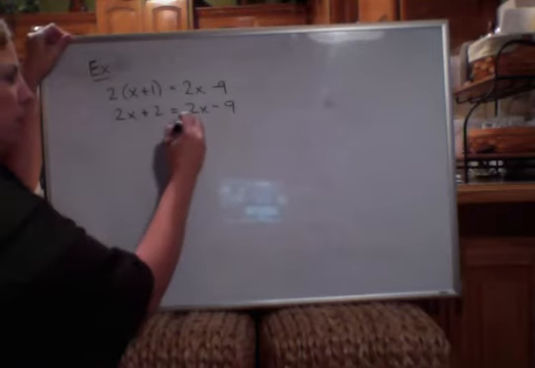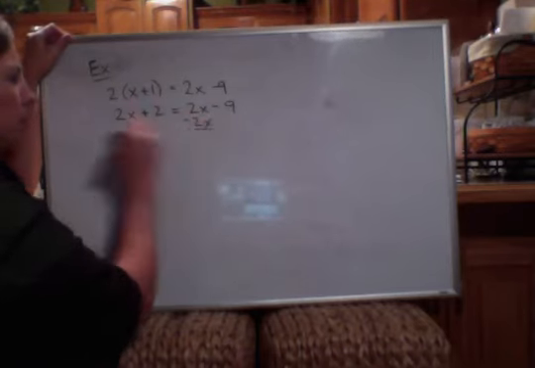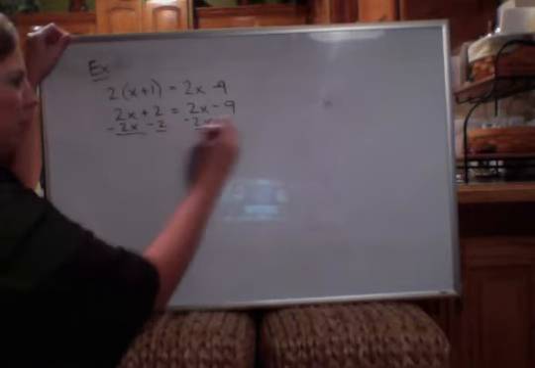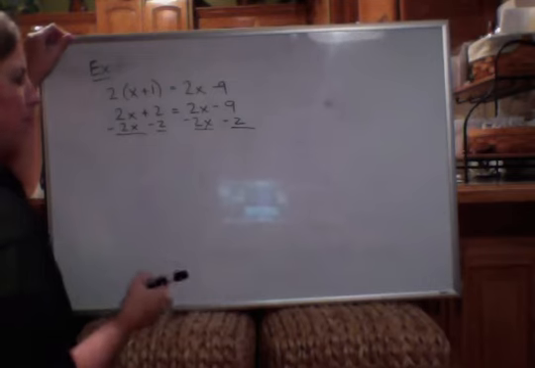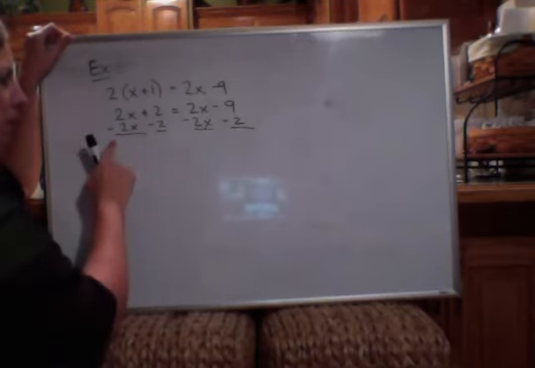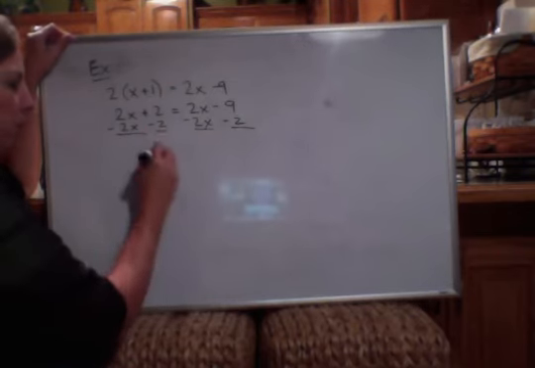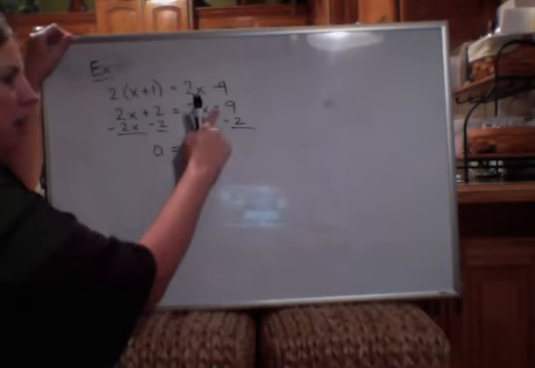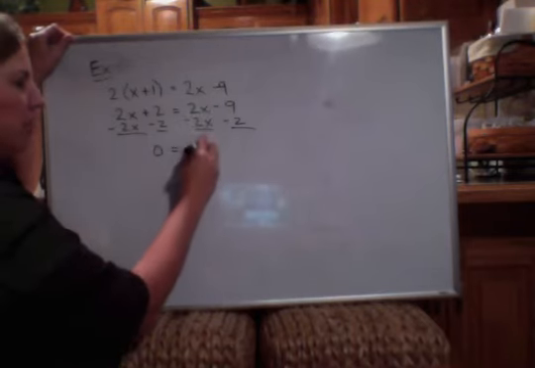When I solve this, I might consider subtracting 2x from both sides. And also maybe subtracting the 2 from both sides. Well, 2x minus 2x is 0. 2 minus 2 is also 0. 2x minus 2x is nothing. Negative 9 minus 2 is negative 11.